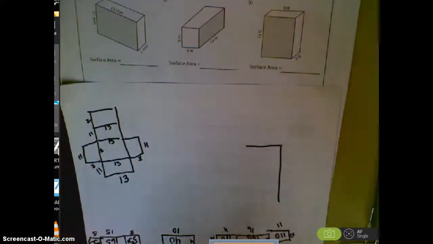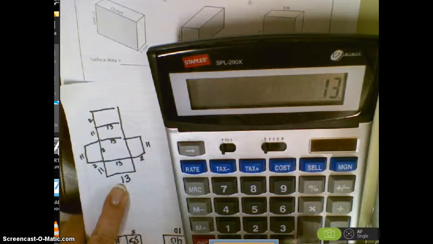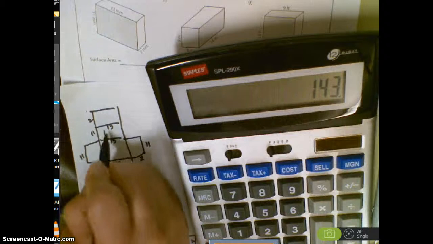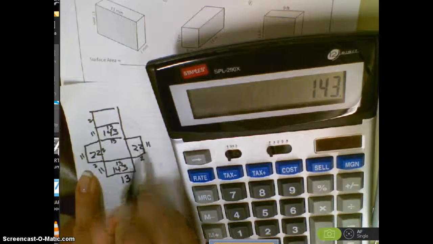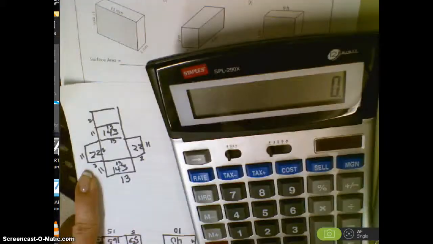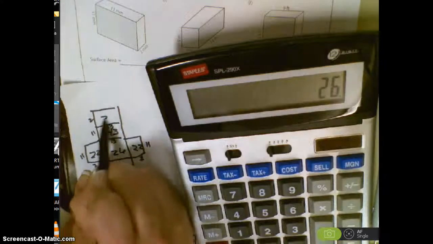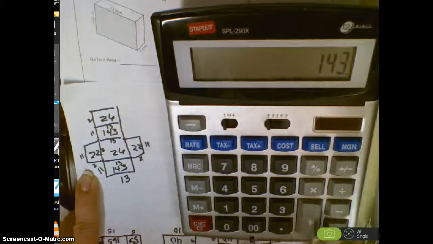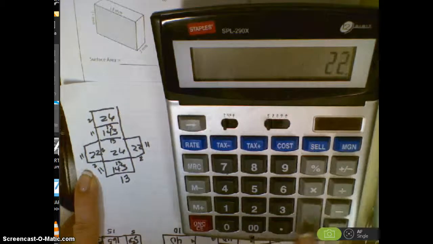Let's figure out all of our areas of all of our parts. 13 times 11, 143. This will also be 143. 11 times 2 is 22, 22. And this one is 13 times 2, which would be 26. Much smaller. My picture is definitely not matching my dimensions. 143 plus 143 plus 26 plus 26 plus 22 plus 22.